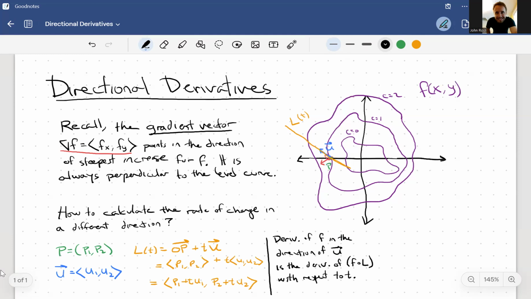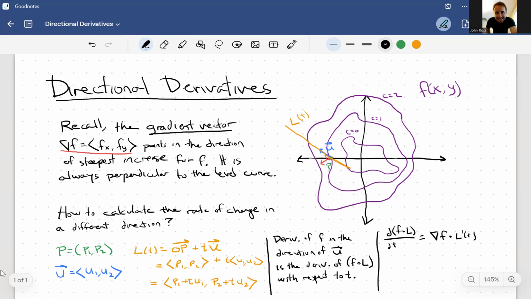And we can do this either by creating the composition and then taking the derivative, or by using our newfound knowledge of the chain rule. And so the derivative of f of L with respect to t, by our knowledge of the chain rule, is going to be the gradient of f dotted with L prime of t.